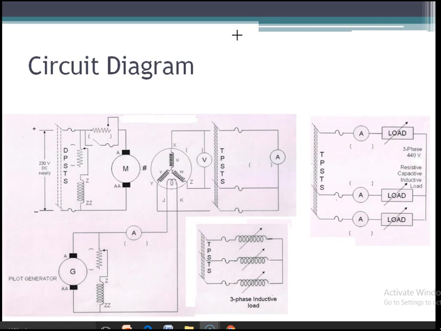In this method, this part of the circuit should be removed, and this inductive load should be substituted in its place. So you have to remove this circuit and replace it with the inductive load. That means the alternator is directly connected to the inductive load.